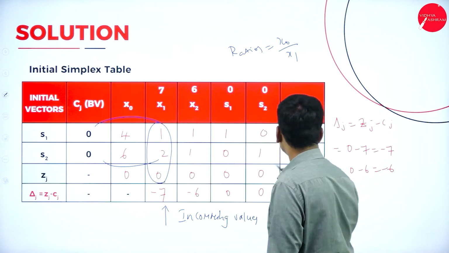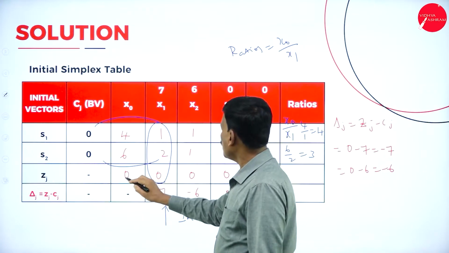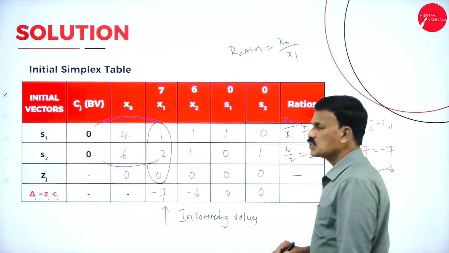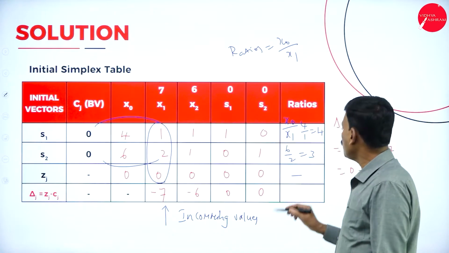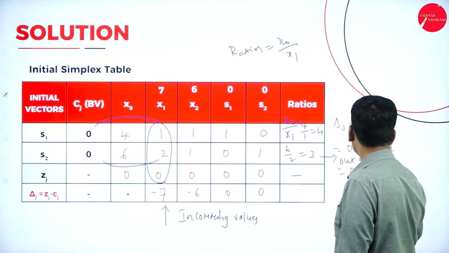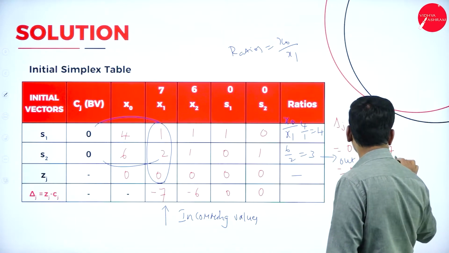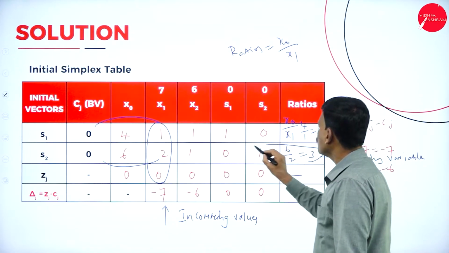Again 6 divided by 2, 6 by 2 is equal to 3, and that's it. So identify the least positive ratio here. The least positive is 3. So this is called the outgoing variable.